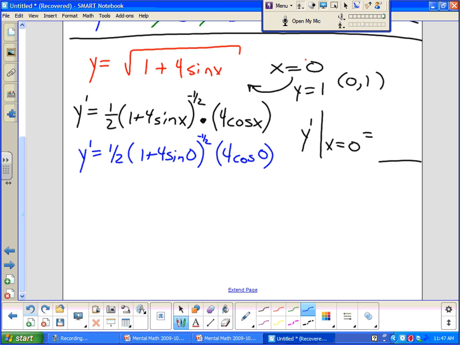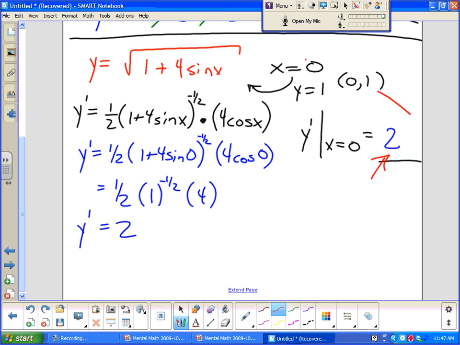Cosine 0 is 1. So I get a half. Pretty sure y prime works out to be 2. And again, at this point, I have a slope. I have a point. I can quickly make a line.